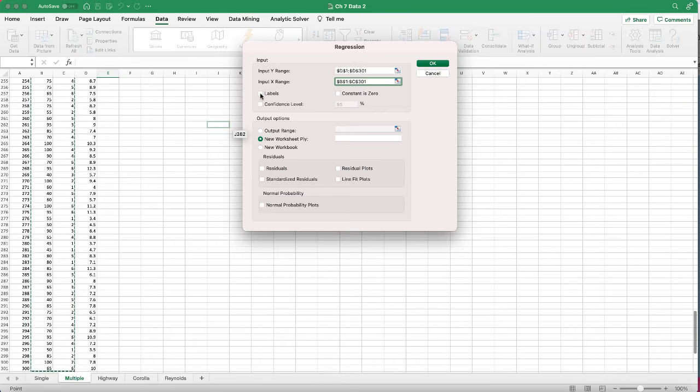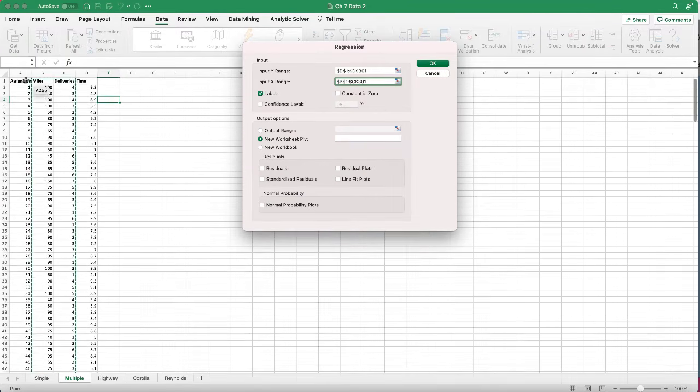And then we're going to check the labels because our first row contains the labels or the column names. And we're going to keep the default confidence level of 95%. For the output range, I'm just going to output it in the same worksheet over here. And I'm going to output the residuals and residual plots, and then click OK.